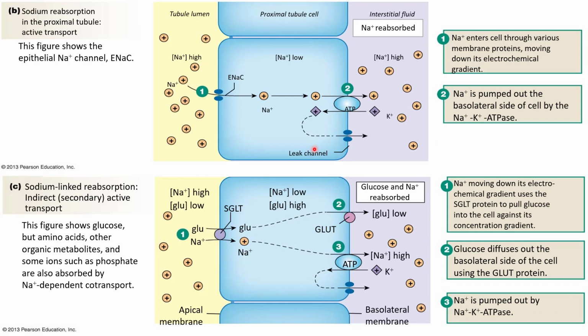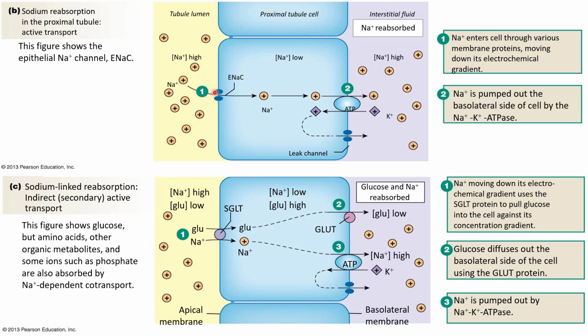Looking at sodium reabsorption, when sodium moves into the proximal tubule, it'll be actively transported and reabsorbed. We begin with a high concentration of sodium, so we can move down its concentration gradient. So it'll move through the apical membrane using just an epithelial sodium channel.